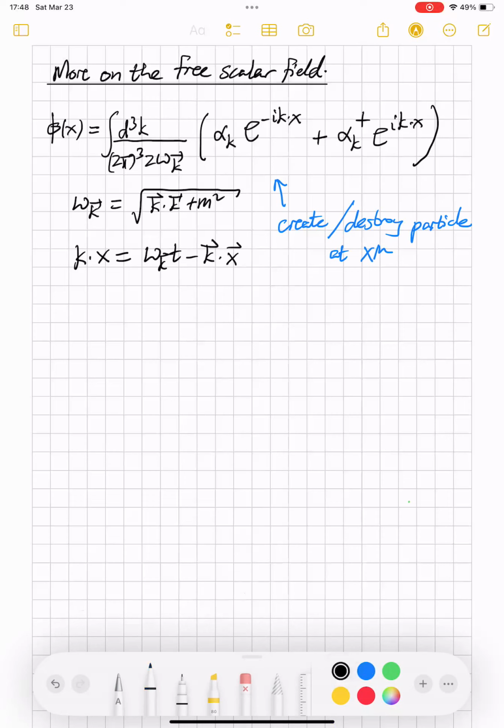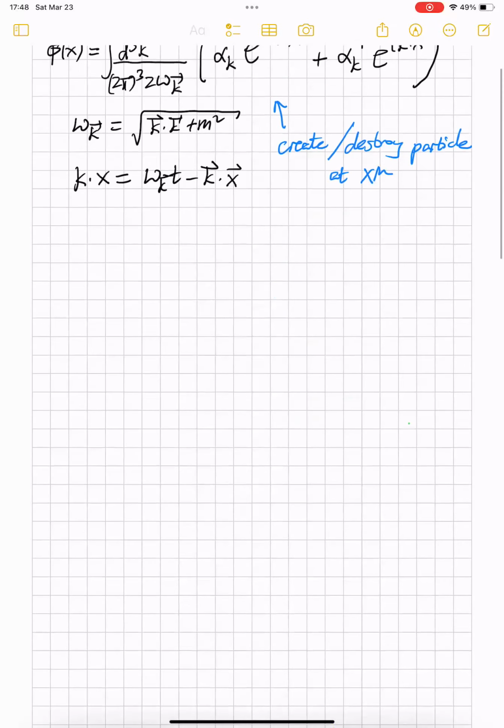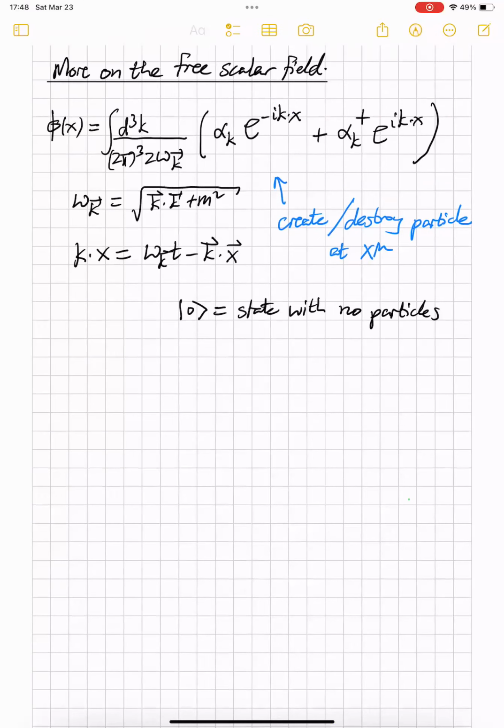Okay, so let's see. We start off simply with the vacuum, |0⟩. And this is the state with no particles. Then the first thing that we can do is we can act with φ(x) on the vacuum. Now, remember that α_k acting on the vacuum just gives us 0, whereas α_k† on the vacuum is a one particle state.